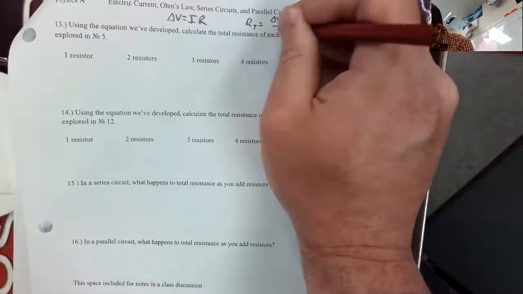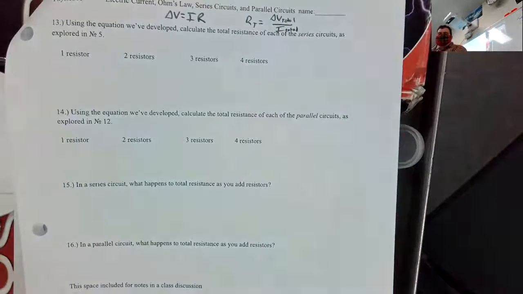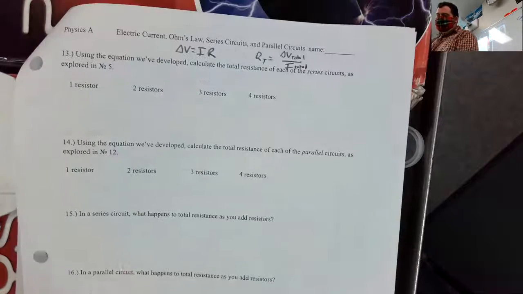So total resistance would be delta V total over I total. You're going to see stuff that's not very surprising for the series. You might be a little shocked by the parallel.